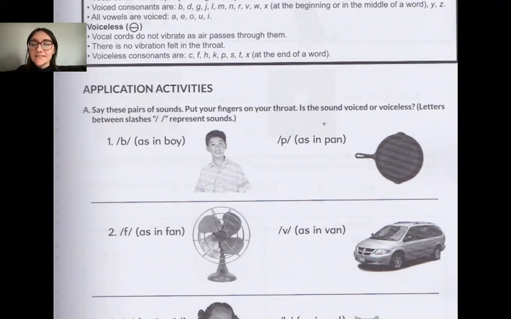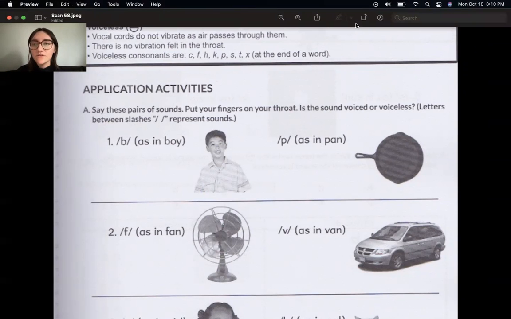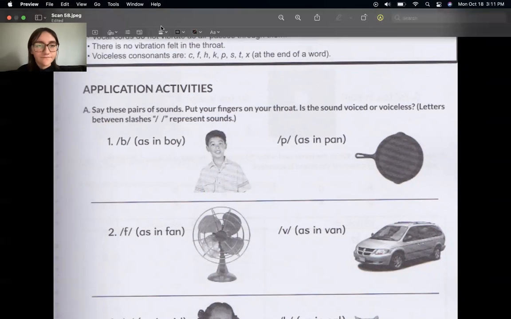The letters between the slashes represent a sound and not the letter. So we know that B makes a b sound, like in boy. Now say p, like in pan. Which is voiced and which is voiceless? Let's do this together.